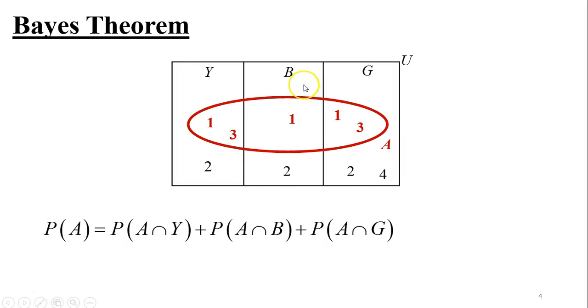Similarly, for the blue balls, how many blue balls hold an odd number? It's 1 out of 9. We're speaking of the whole urn here. And the same thing for A inter G. So the probability of A is 2 out of 9 plus 1 out of 9 plus 2 out of 9 again, which in total gives me 5 out of 9.